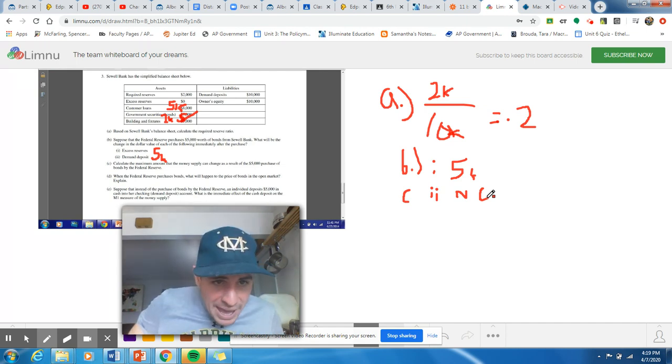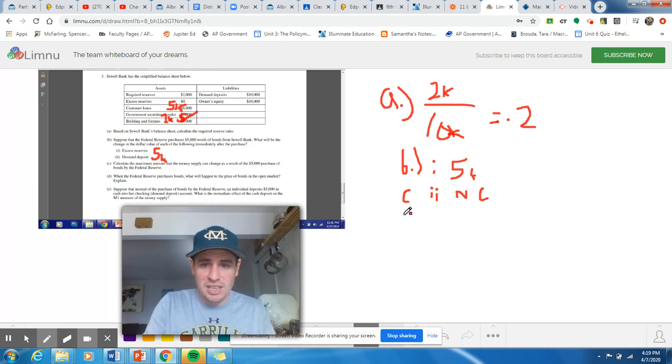C, calculate the maximum amount of change that the money supply can result. Okay, so for C, I've got to know the money supply formula. The total change in money supply equals the multiplier times the change in excess reserves. The multiplier is 1 over the reserve ratio, and the reserve ratio is 0.2.